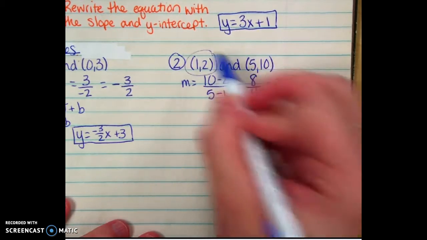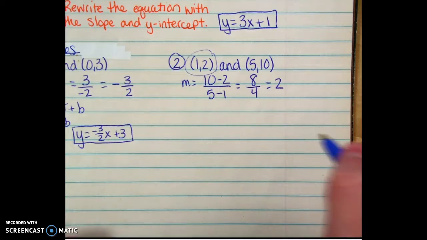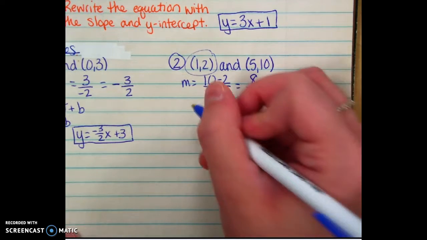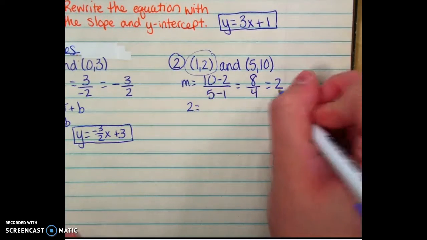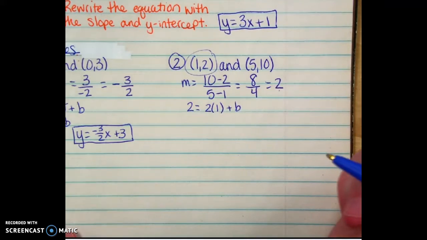I'm going to use the first point. You can use the second point if you want to. You'll get the same answer. Doesn't matter to me. So for y equals mx plus b, that gets me 2 equals m is 2, x is 1, plus b.